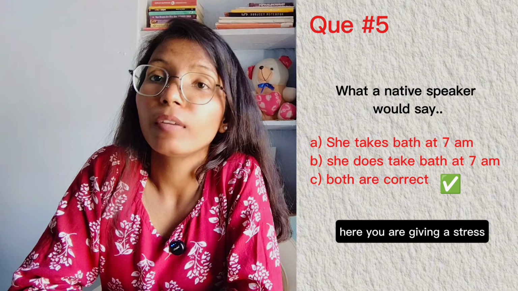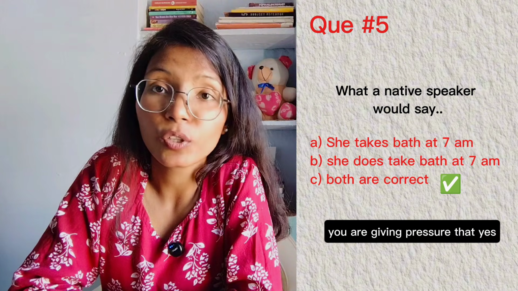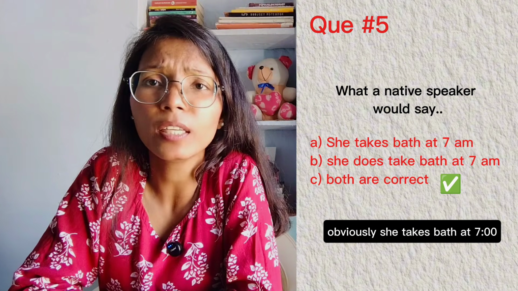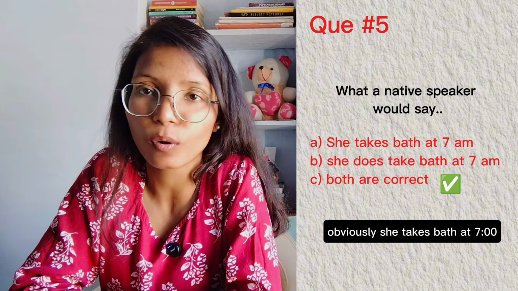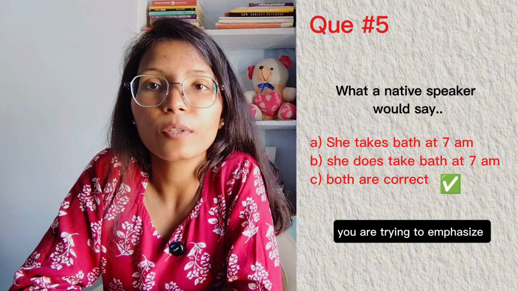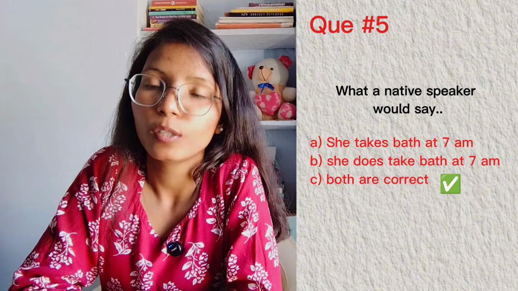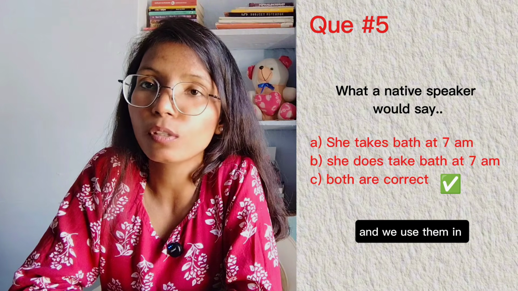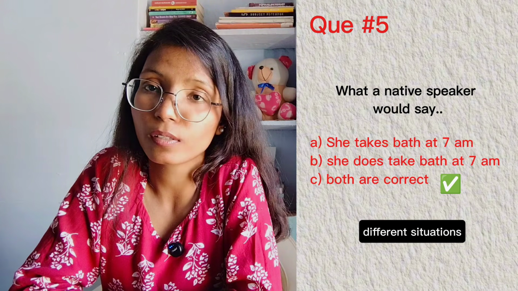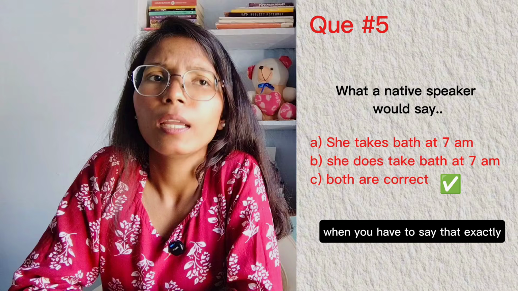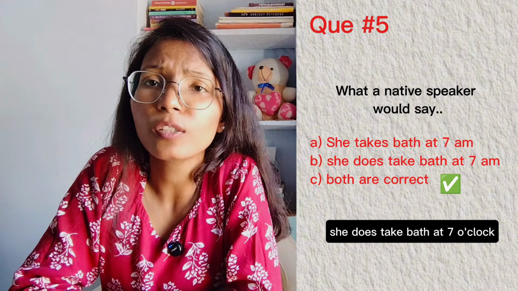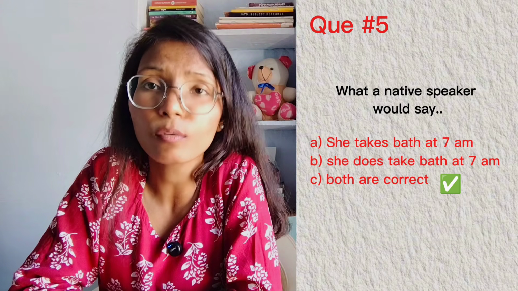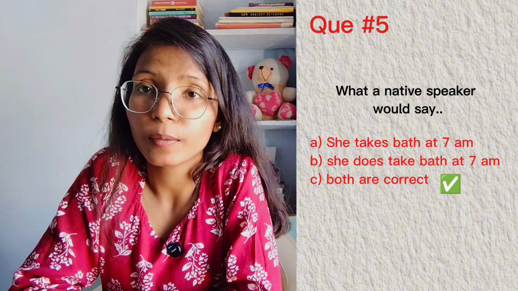Here, you are giving a stress, you are giving pressure that yes, obviously she takes bath at 7 o'clock. You are trying to emphasize this fact. So there is a slight difference in both of the sentences, and we use them in different situations. When you have to say that exactly, she does take bath at 7 o'clock.